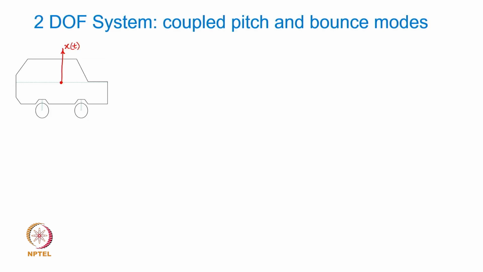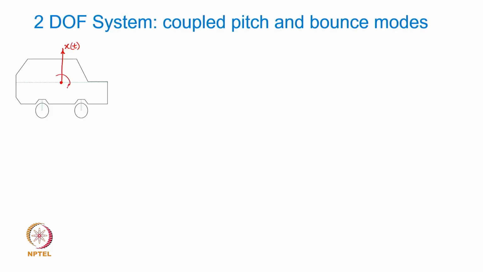This is the first degree of freedom, and then nobody stops this car body from pitching. So, the pitch motion, which is the angular motion, could be theta(t). Okay. It can also have the motion along the horizontal direction, and that motion we are at the moment keeping out of the discussion, just to keep things a little simpler, and we will take one more example later in this topic where we will include that degree of freedom as well.